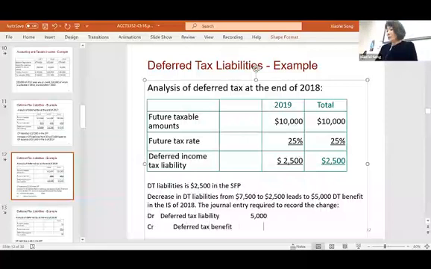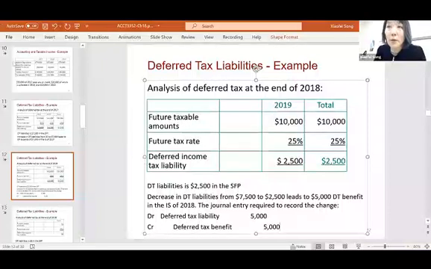That'll be 5,000. And this is the adjusting entry that implements the asset and liability approach into this, like the deferred tax.